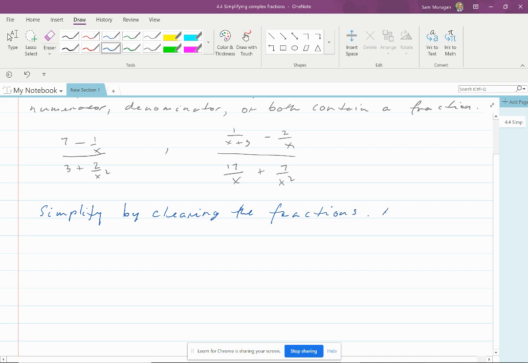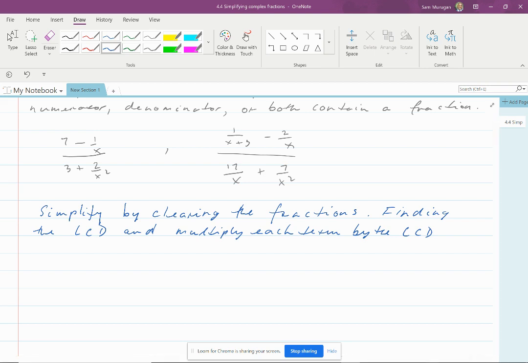And this just simply involves finding the LCD and multiplying each term by the LCD. So I'm going to work a series of examples from the homework so you guys can see exactly how this works, okay?